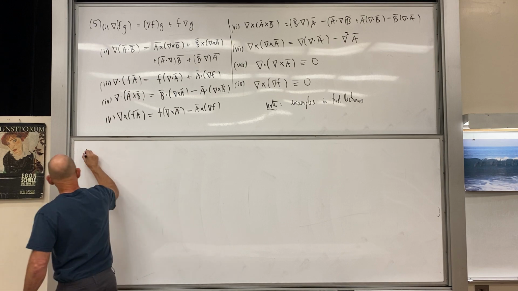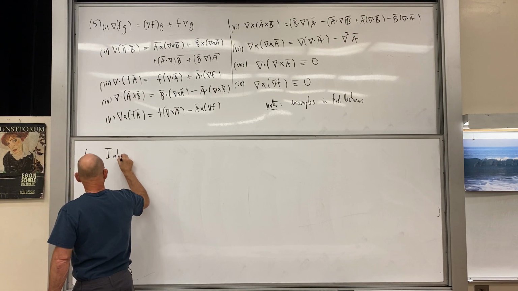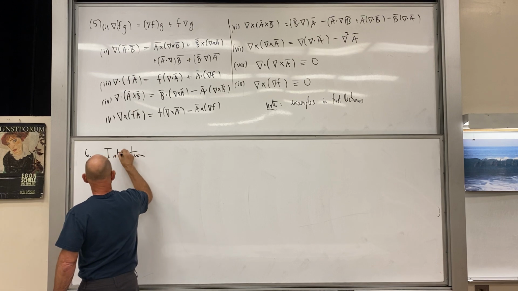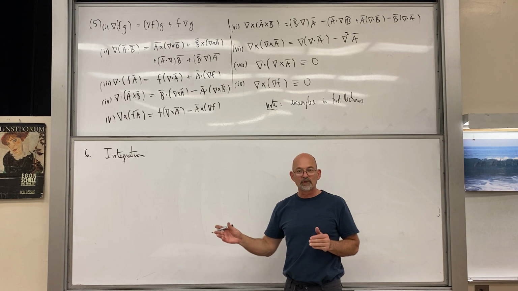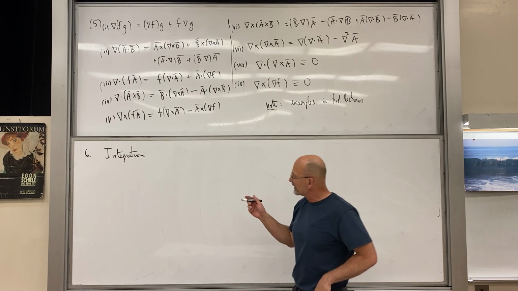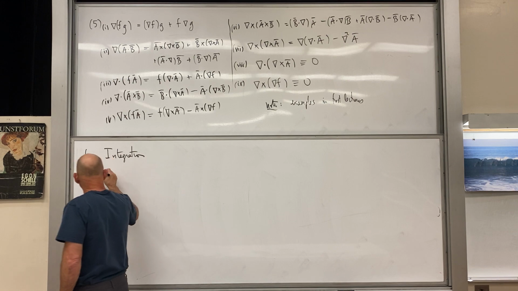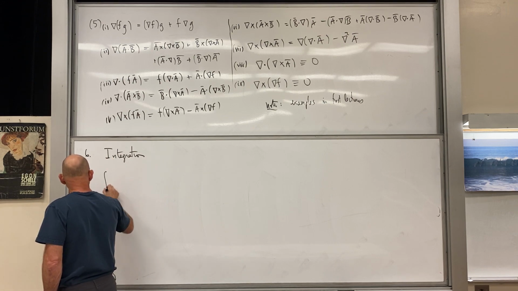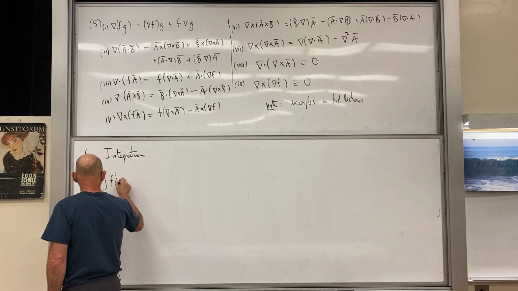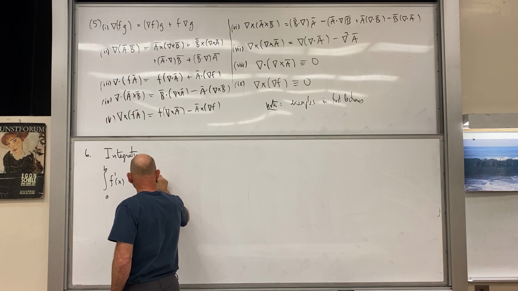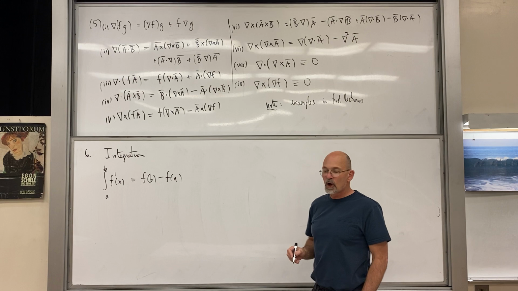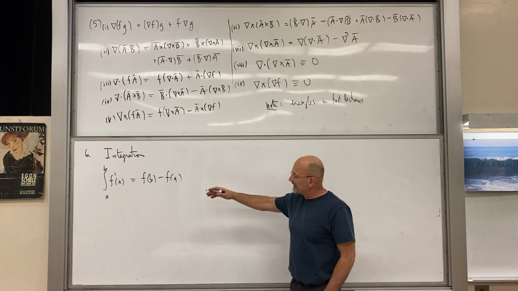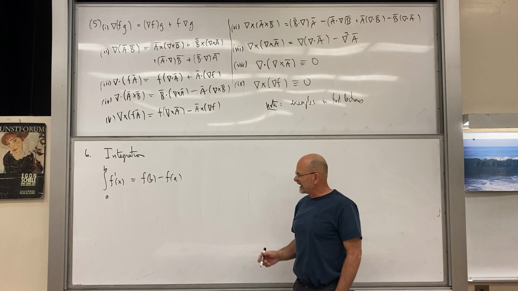So we're numbering things here, 6. We would talk about integration. And all of these things are fun to prove or give rudimentary proofs of. We're going to move a little faster than that. But we'll start with the fundamental theorem of calculus. Integral f prime of x from a to b is equal to f of b minus f of a, which we always use. And now we want to talk about the integral theorems, how this works in higher dimensions.